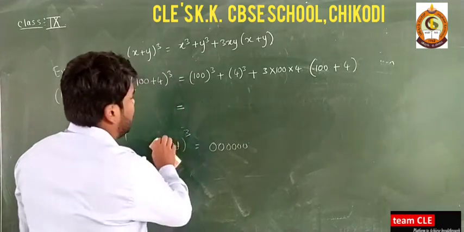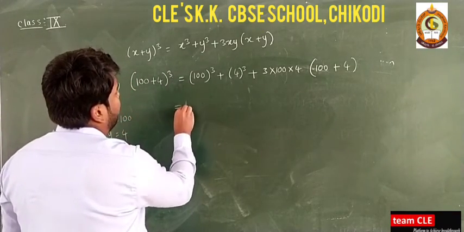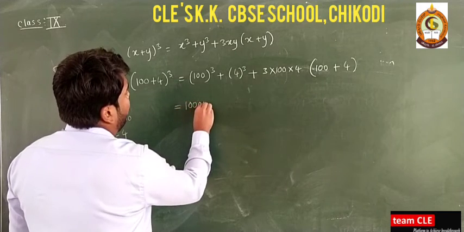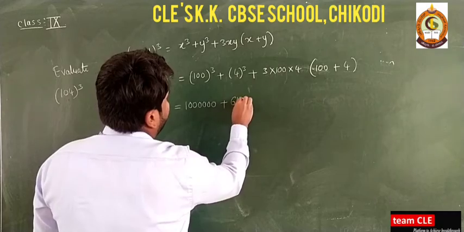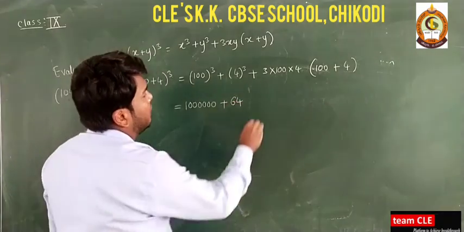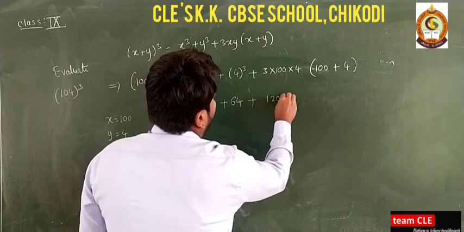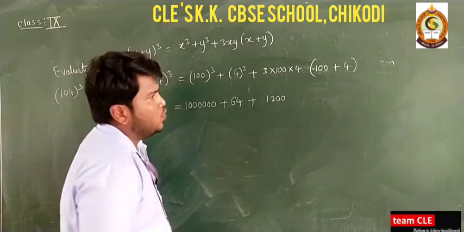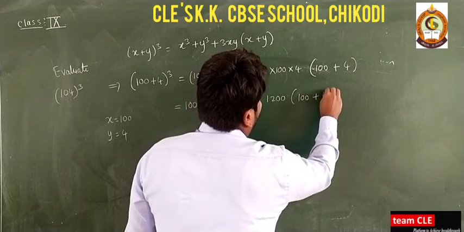So it is 100 cube, means you should write the 6 zeros. 1, 2, 3, 4, 5, 6. So this is 4 cube, so this is 64 plus 4 3s are 12, 12 into 100 is 1200, into bracket you can write this as 100 plus 4.